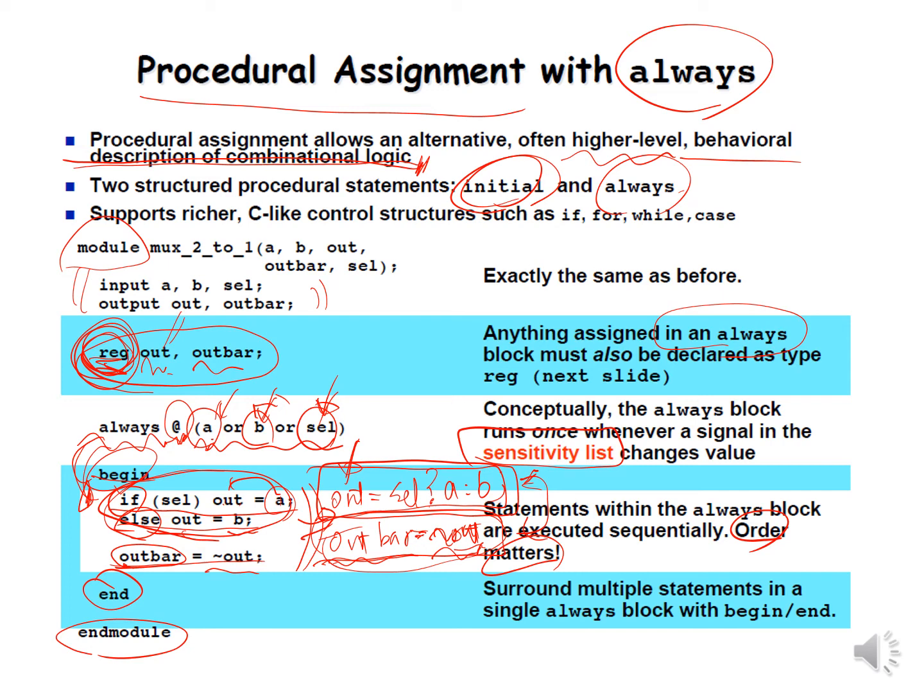The statements are sequentially executed from the first line to the last. Inside the always block, multiple statements are possible. You can define the out and out bar, or you can add another multiplexer like out2 assigned by sel2 question mark C and D, and out2 bar equal to tilde out2, something like that.